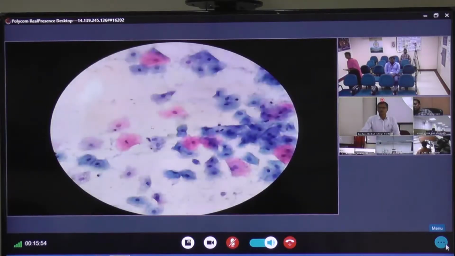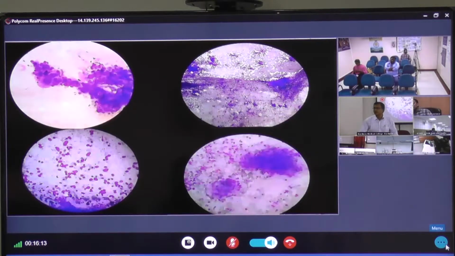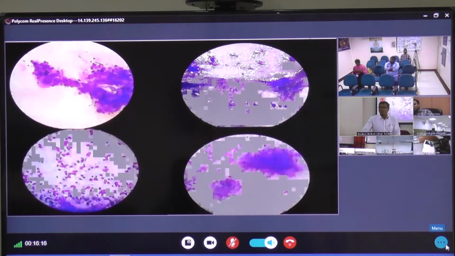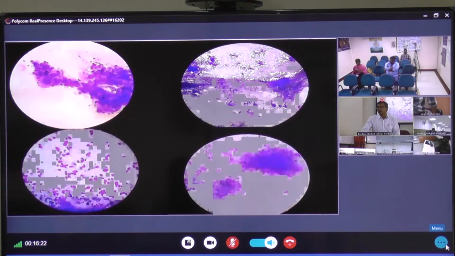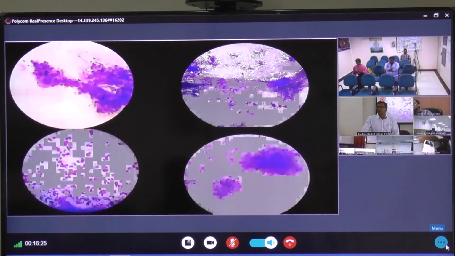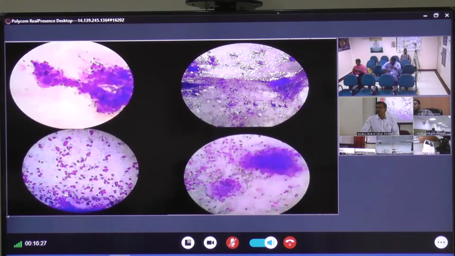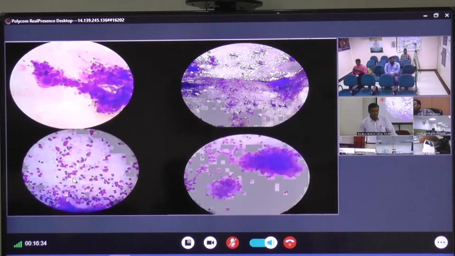Now let us have a look at different cytology smears. This is a cervical smear stained by Papanicolaou, where we can see superficial and intermediate squamous cells. These microphotographs are taken from FNA material from different lesions. In the upper left, we can see a smear from adenocarcinoma of lung, with well-formed papillae, pleomorphic cells, and intracytoplasmic mucin blobs.